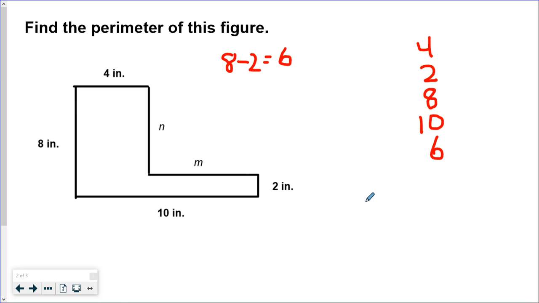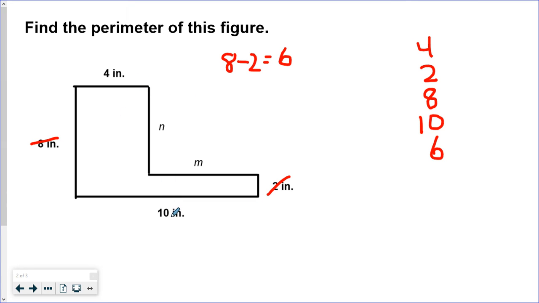I want to do the same thing when I'm trying to figure out what letter M is. I want to find the sides that are parallel to letter M. The nice thing is that I've already used the 2 and the 8, so that tells me I'm not going to use those to help me figure it out because they're not parallel, they're perpendicular. But I am going to use the 10, and I am going to use the 4.